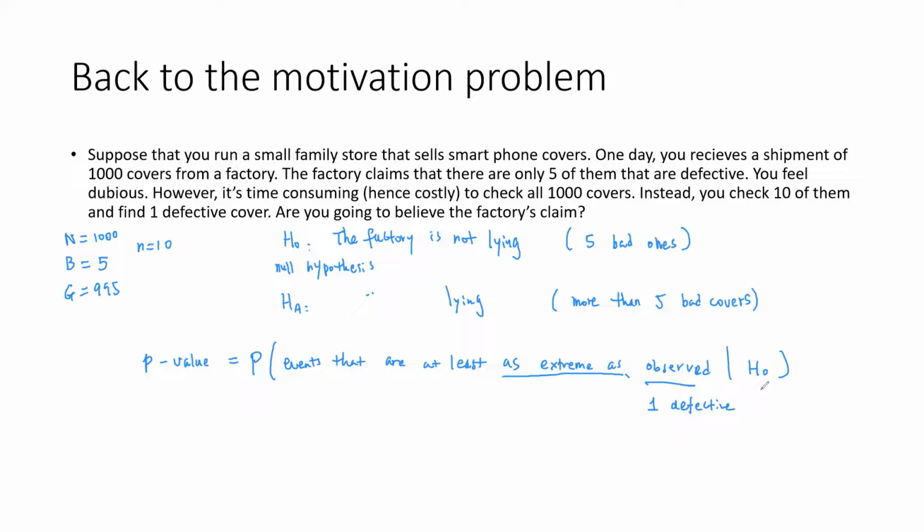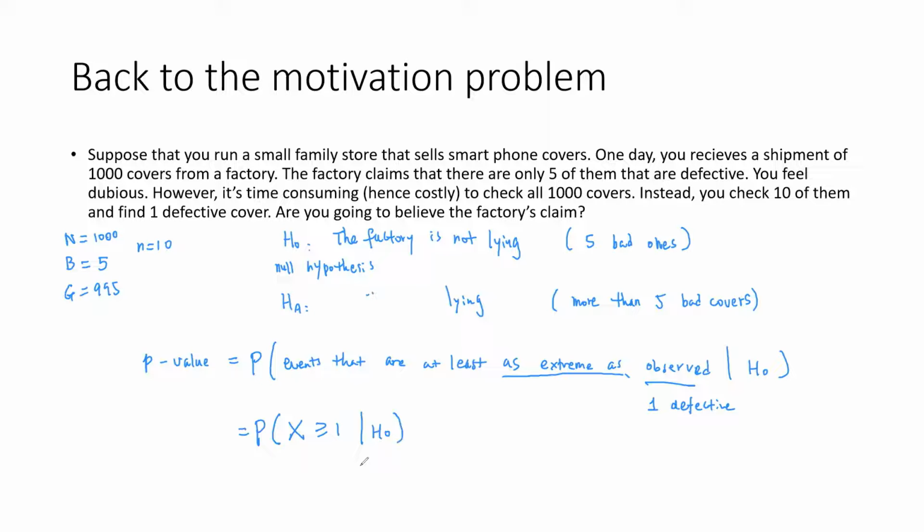They are against H0, okay. So what it really means is that we're looking for the number of bad covers. So the events, let's say X, the number of bad covers in the sample, X greater than or equal to 1, given H0.